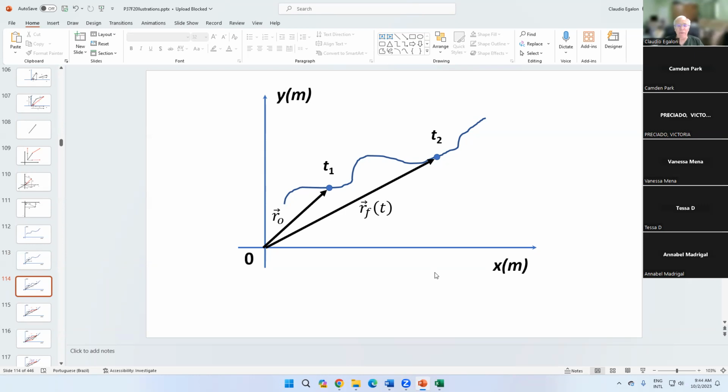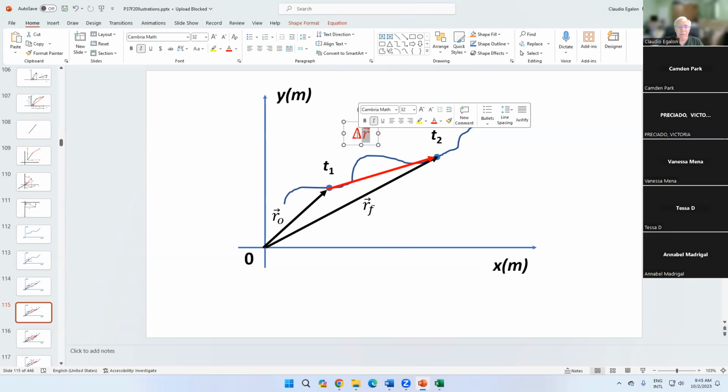Once we have defined this vector position, once you have a specific picture of it, we can start talking about the other definition, which is the vector displacement.